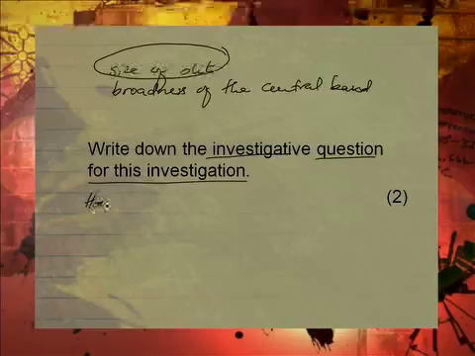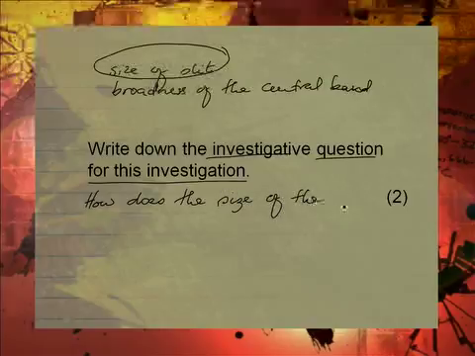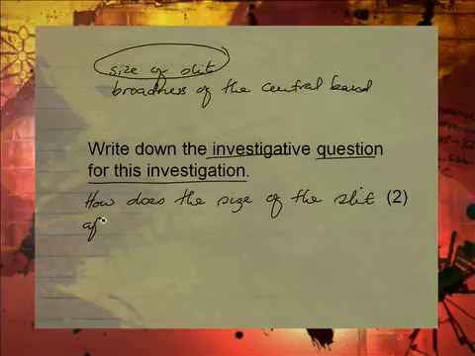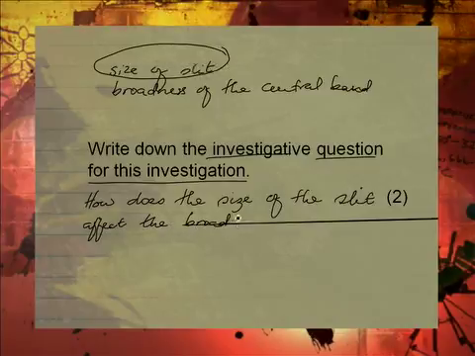It could be a question like this: how does the size of the slit affect the broadness of the central bright band?